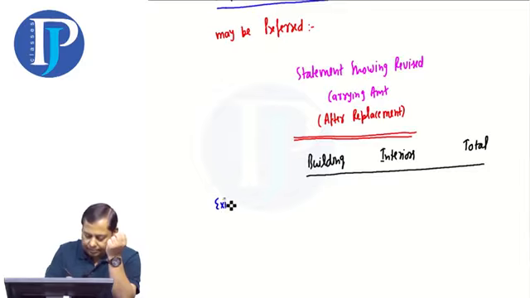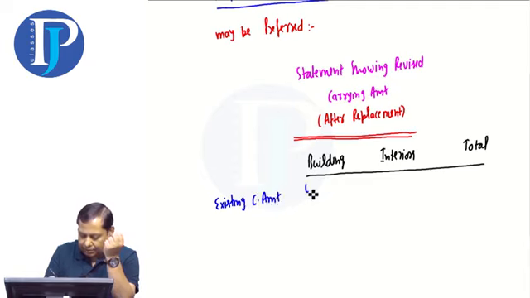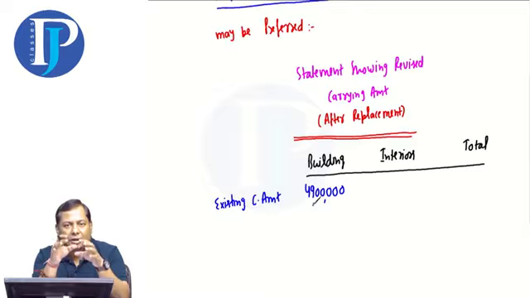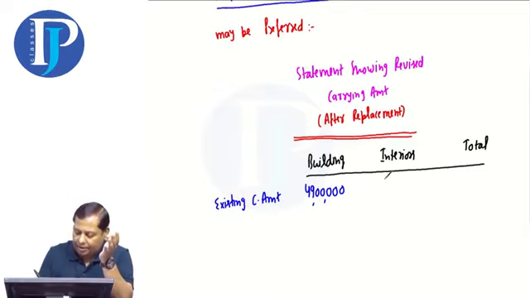Existing carrying amount is 49 lakhs. It's 50 lakhs in actuality, but building includes interiors. They're not separate. The carrying amount is 1 lakh rupees for interiors. The total for building is 50 lakhs.